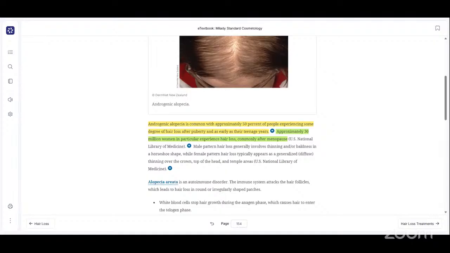But I would prefer to use a stabilizer, because its job is to balance the pH of the hair. Whatever was left in there, you can use your neutralizer to get rid of, and then come back with what we call the stabilizer, put it on and just let it sit. It is going to bring the pH of the hair back to where it needs to be, and it's going to have some healing properties for the hair and scalp as well.